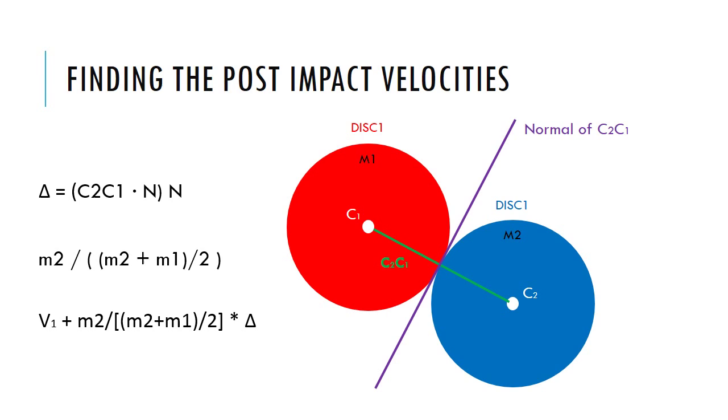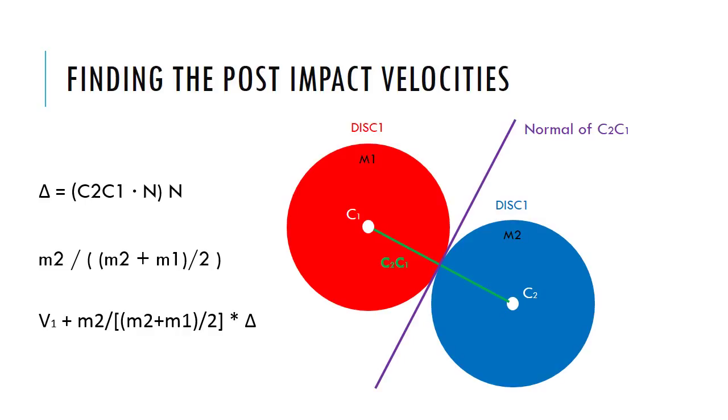Now the delta is a vector in the normal direction with its magnitude related to the normal components of the initial velocities. We take the dot product of the vector that goes from the center point of disk 1 to the center of disk 2 at the point of collision and its normal times the normal to compute delta.